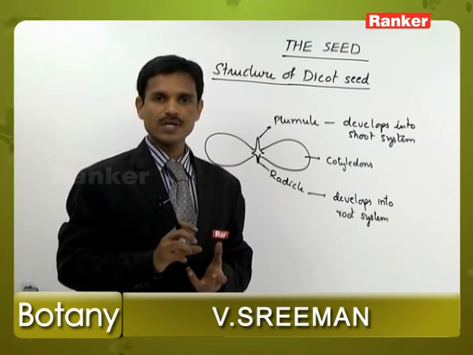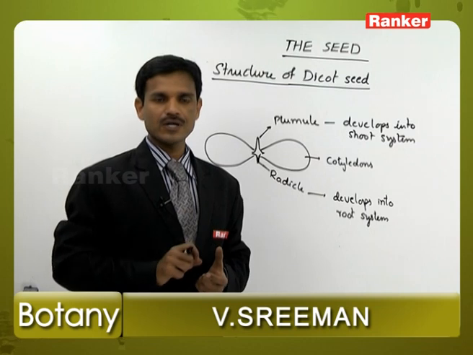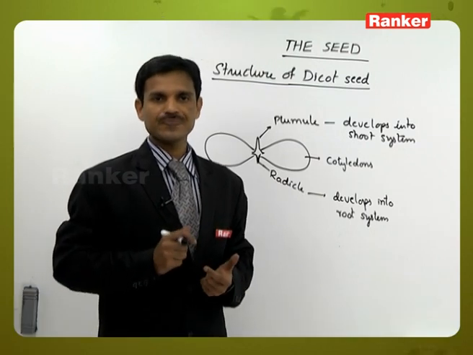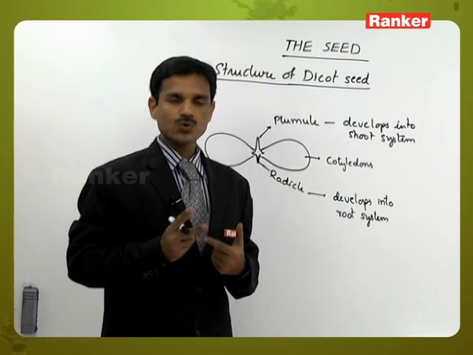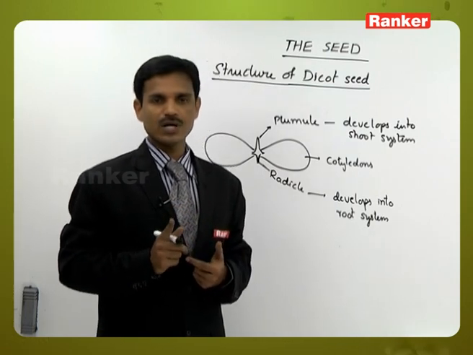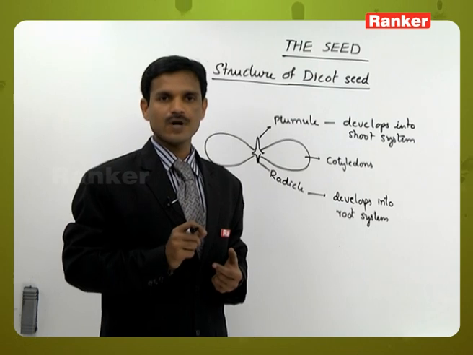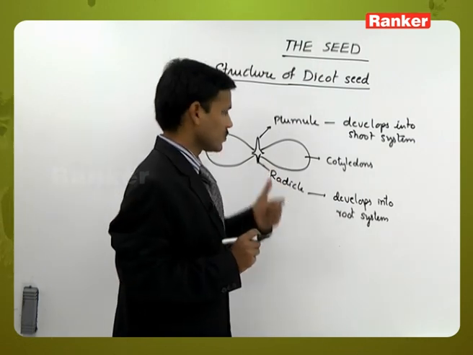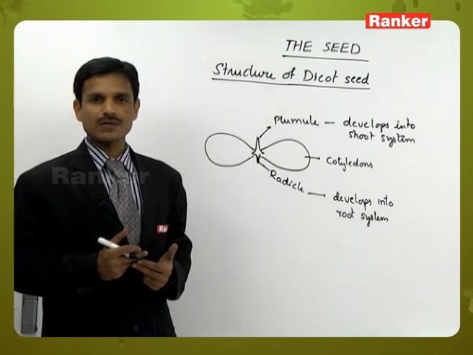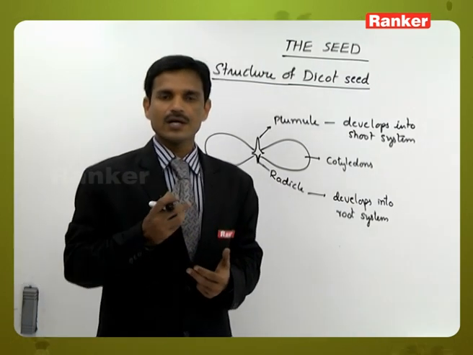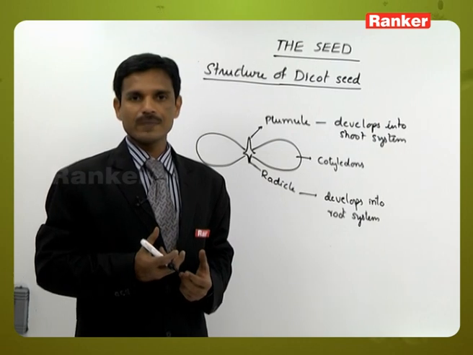Endosperm is the result of double fertilization. In angiosperms, double fertilization means two fertilizations. Due to the first fertilization, the zygote is formed and develops into the embryo. And due to the second fertilization, the endosperm develops.